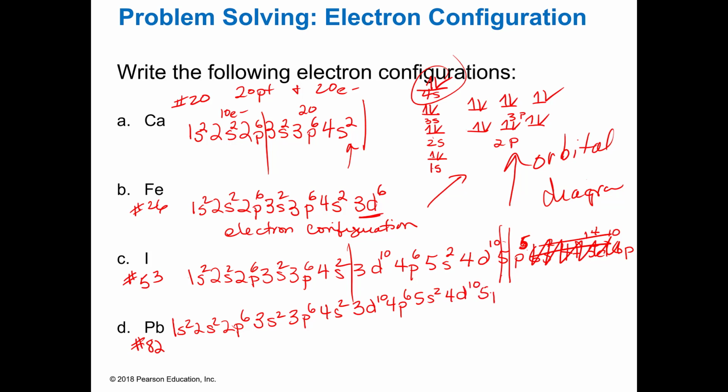Now I get to do a full 5p. Then I go 6s2, 4f14, 5d10, and 6p2. Whoa, I went way up. So look, I went up the molehill.